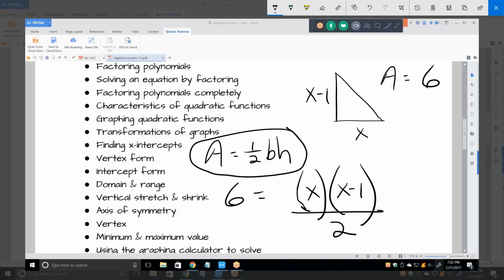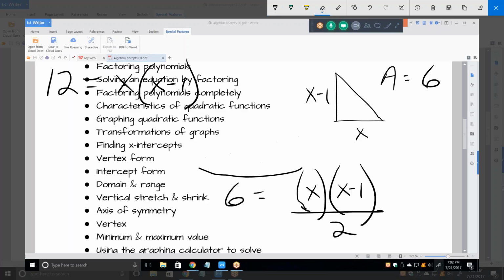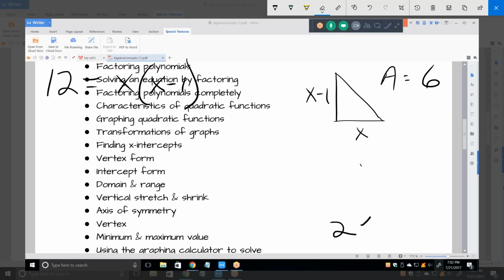But that's the same as dividing by 1/2, as long as you understand that. So the next line I'm going to write over here on the left is 12 equals x times x minus 1. And now let me start erasing some of this stuff so that I can finish this up with some blank space. How do I solve that?